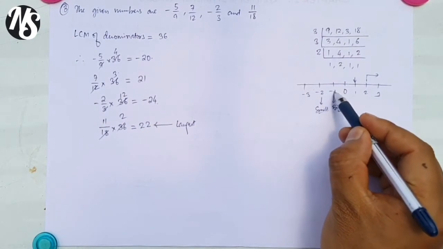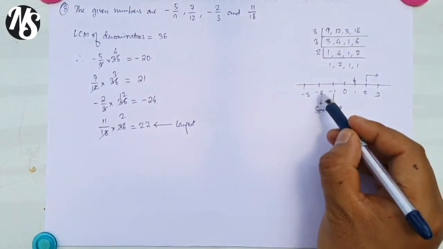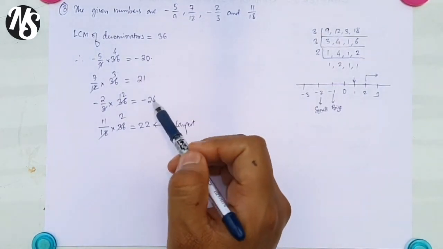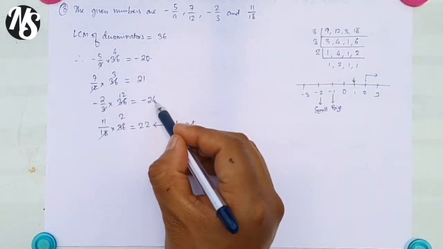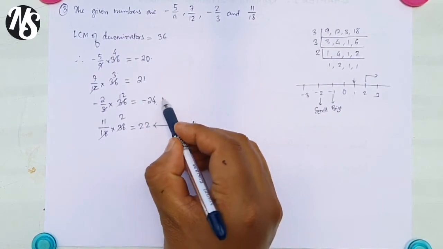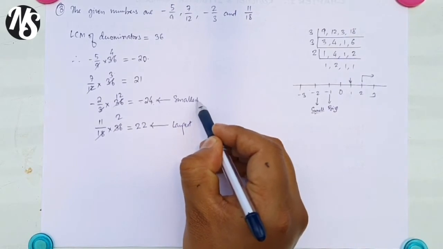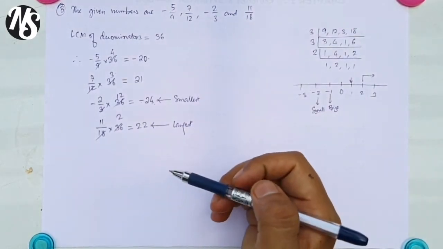Out of 2 and 1, which one is more? 2 is more, but because of the negative sign it becomes small. Now out of 20 and 24, which one is more? 24 is more, and because of the negative sign it becomes small. So the smallest number here is minus 24.